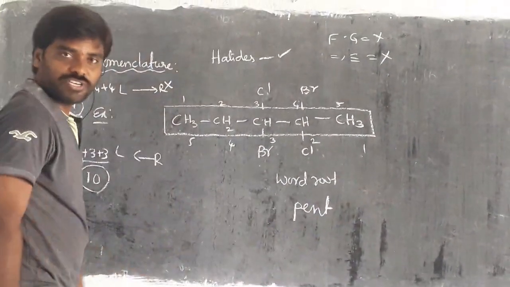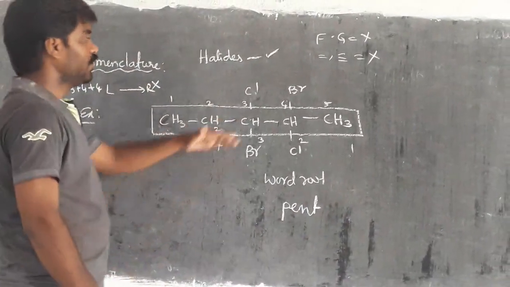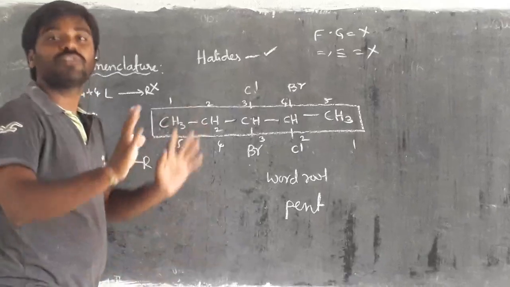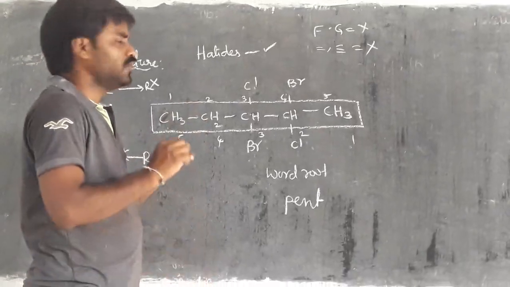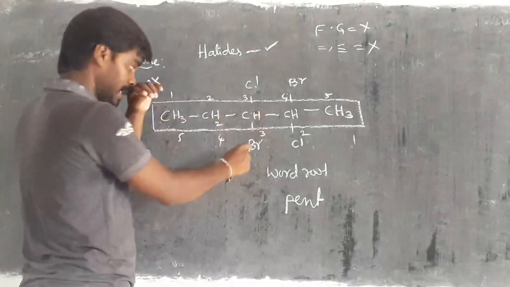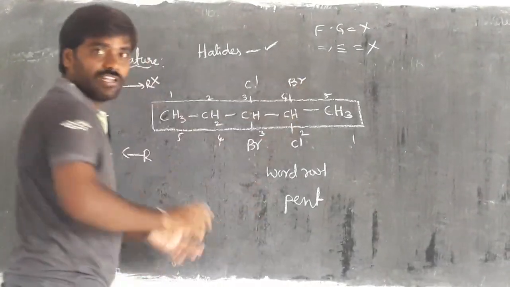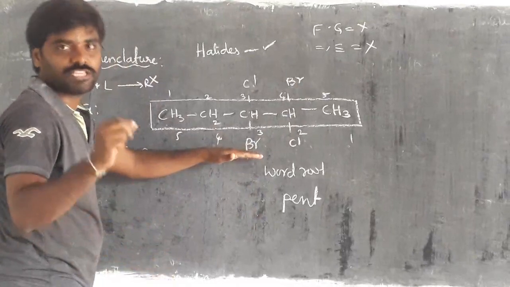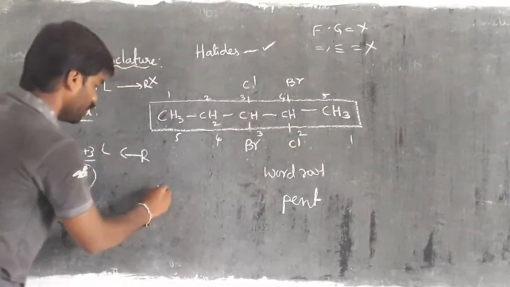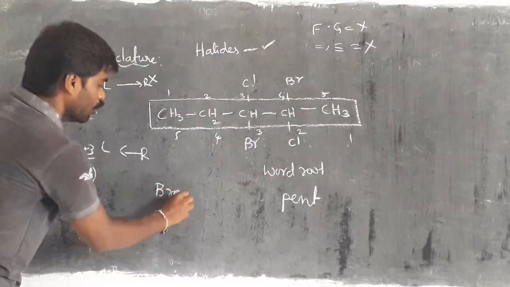Then we have the same type of halides on different carbons. For that, no need to worry. First, we have to write alphabetically. Here bromine is there, chlorine is there. In the alphabet, B comes before C. So first we have to write bromo.